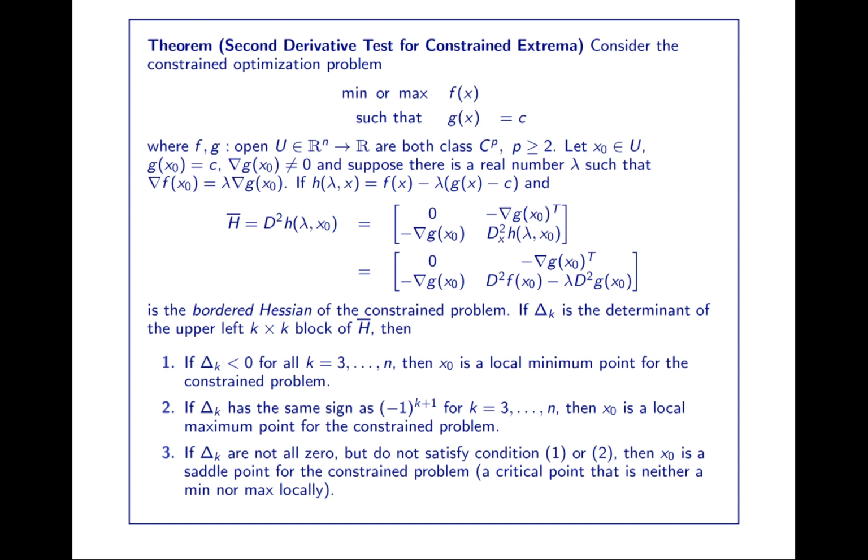So the second derivative test for constrained extrema, again, we're going to minimize or maximize some objective function f with the constraint that g of x is equal to some constant. f and g both map some open set U in R^n to R. Both are class C^p, where p is at least 2.